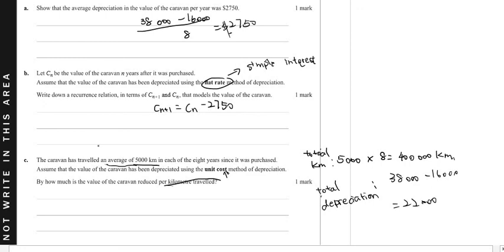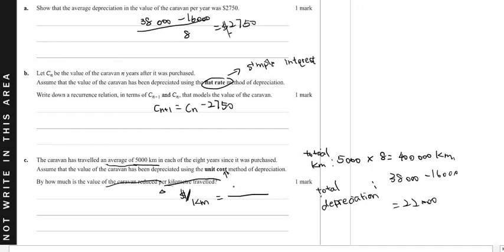So we want to find the value the caravan is reduced by, the depreciation per kilometer. So we're finding dollars per kilometer. Notice that the slash over here, we can treat as the vinculum, like the fraction sign.